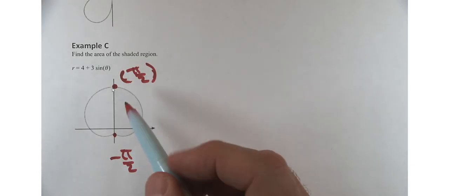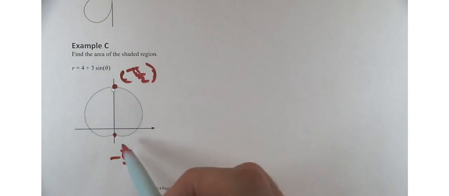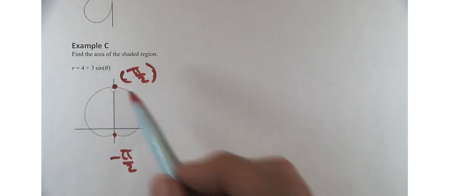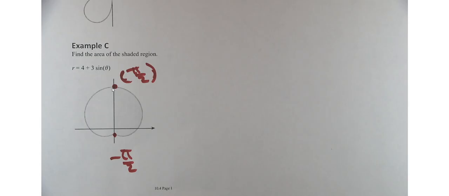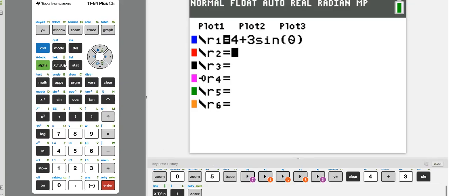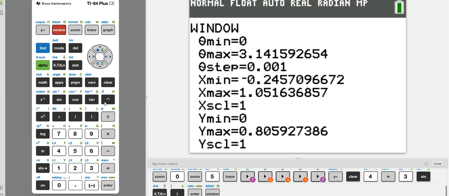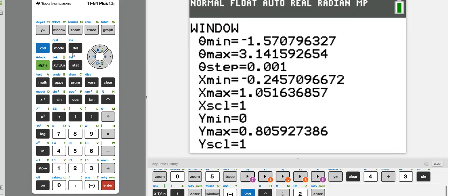Now, I guess the reason I want to go from negative pi over 2 to pi over 2 is because it's one nice continuous interval. Let's see that actually traces out the shape that we expect. Again, you can do that on your graphing calculators. So I'm going to set up my window from negative pi over 2 to pi over 2.